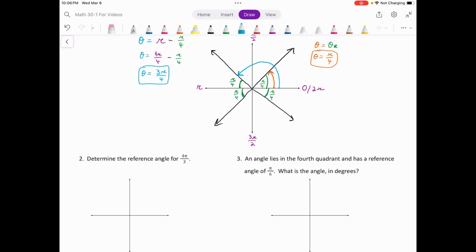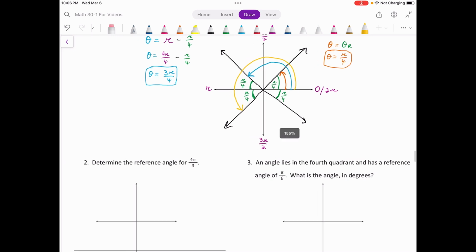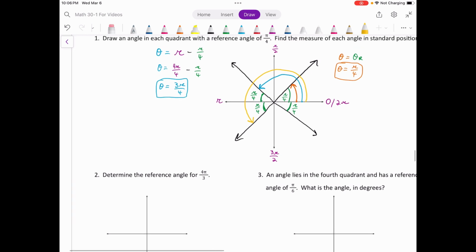Let's move on to quadrant 3. What color should I use? How about yellow? I hope that shows up okay. I'm going to go past pi all the way to the terminal arm of this third quadrant angle now. Let's think about how to figure that one out. Well, we went past pi now.